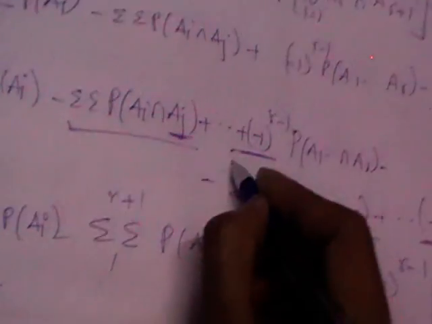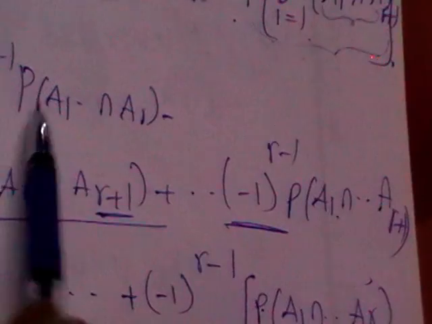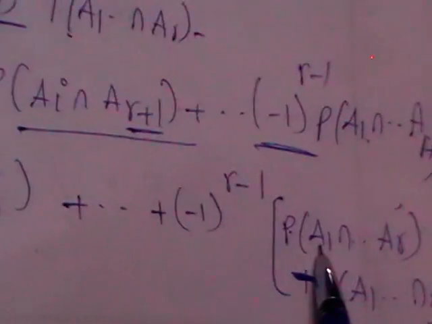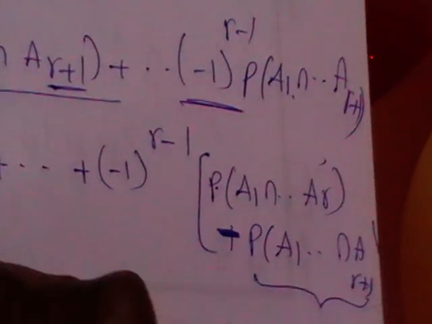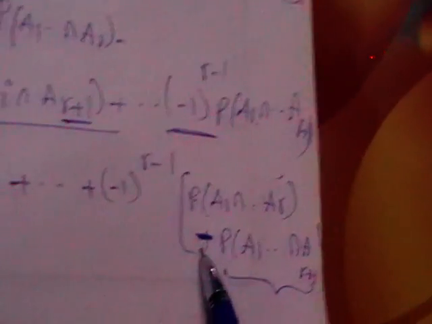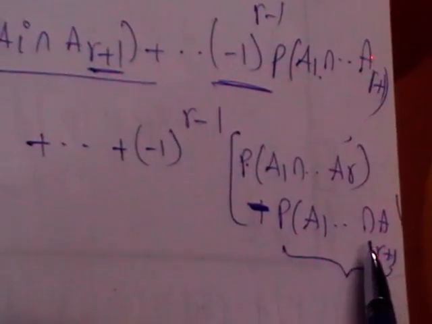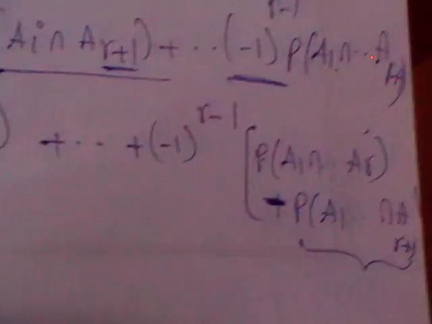So you will get this term as sigma I is equal to 1 to R plus 1. See here you have minus, so you have minus in front of all the terms. If you take out plus minus 1 whole power R minus 1, you will get P of A1 intersection A2 so on. As you have minus here, you will get minus P of A1 intersection A2 intersection AR plus 1.